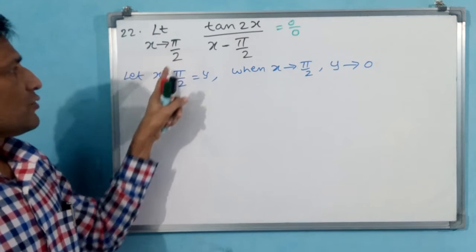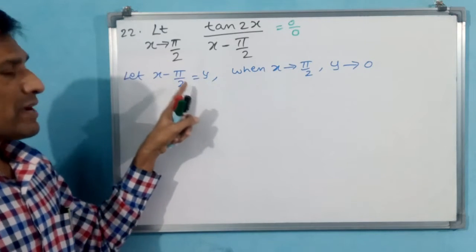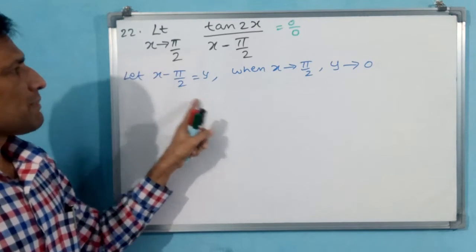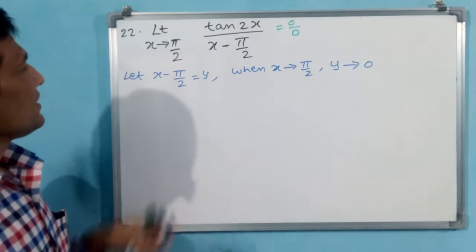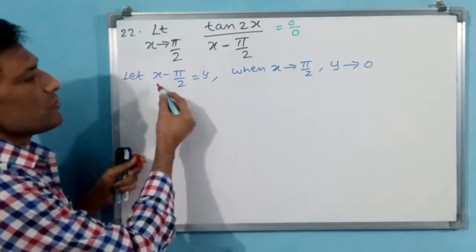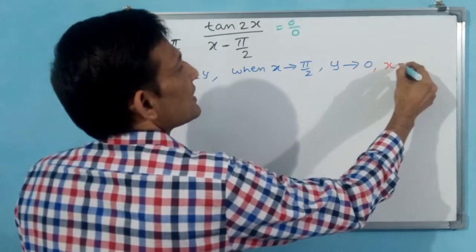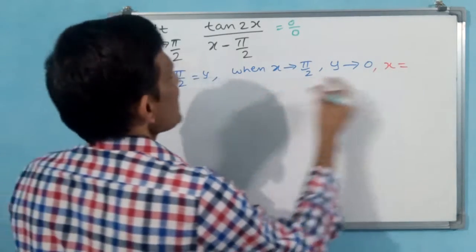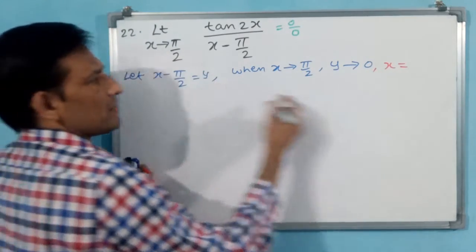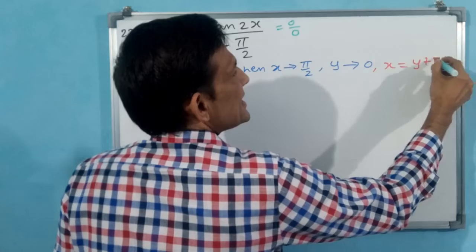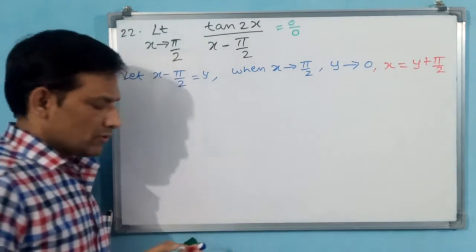Because as x tends to pi by 2, y is equal to x minus pi by 2, which is pi by 2 minus pi by 2, 0. That is one thing. Another thing, x also you have to write. Y is equal to x minus pi by 2 means x is equal to y plus pi by 2. This also you have to write.